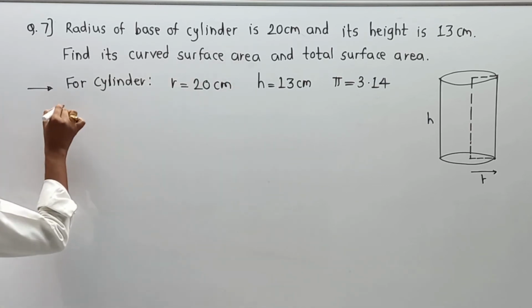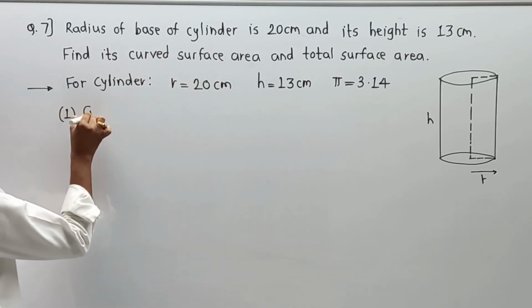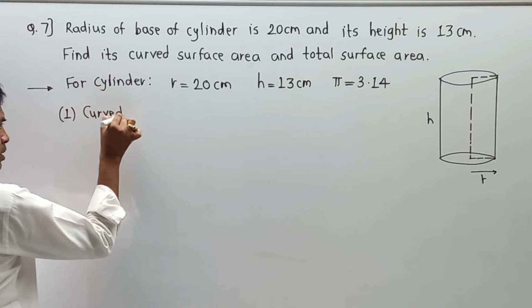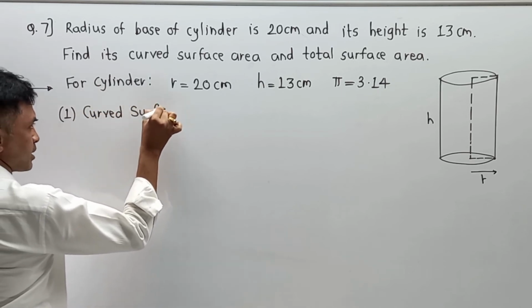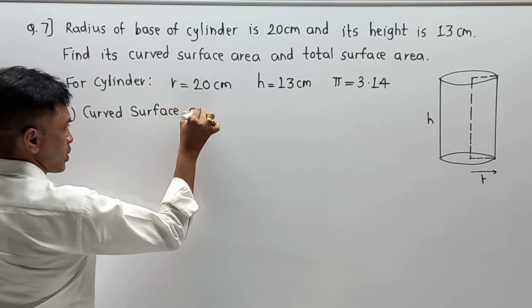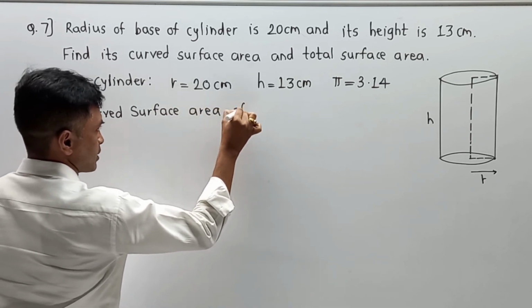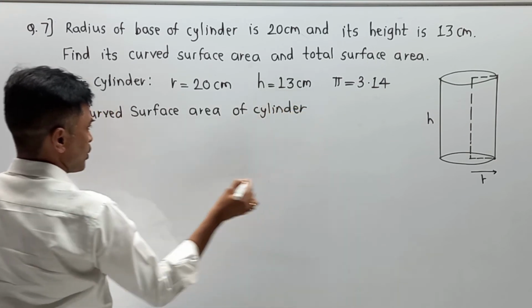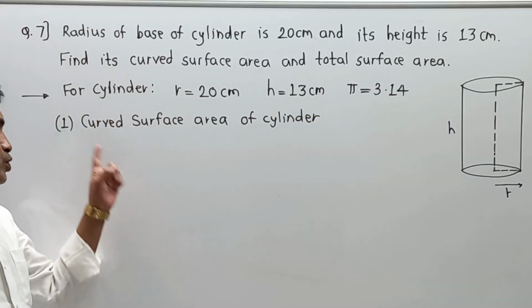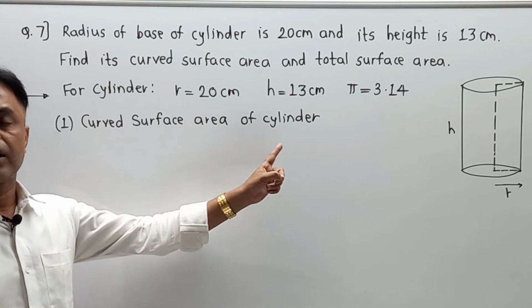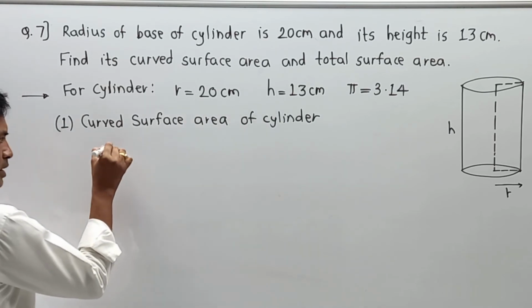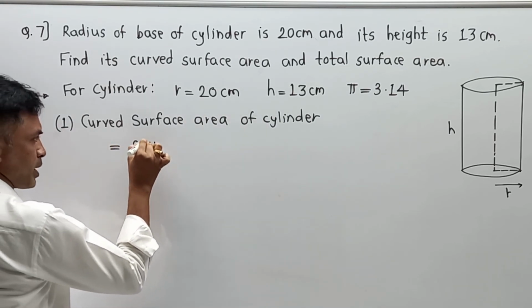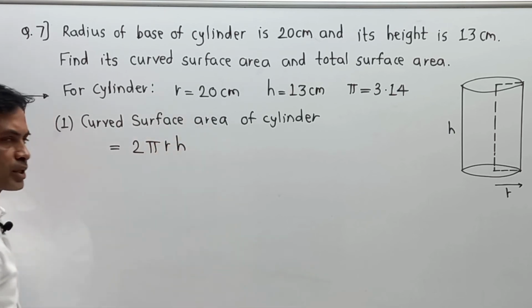So first part, curved surface area of cylinder. Now the formula becomes: curved surface area of cylinder is equal to 2 pi r h.